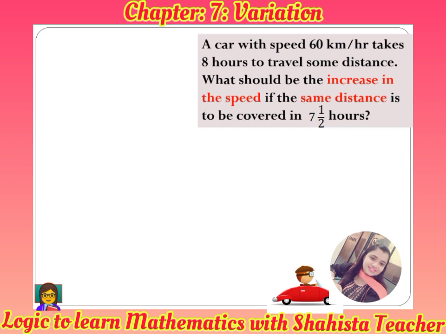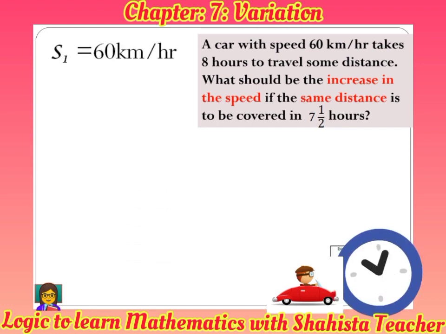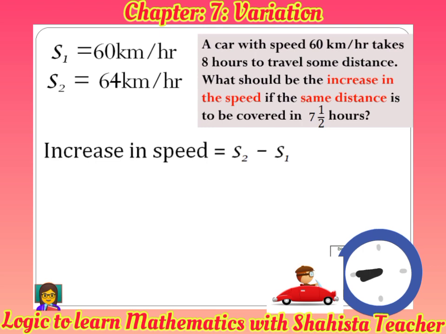What should be the increase in the speed? So here S1 is equal to 60 kilometer per hour. S2 is equal to 64 kilometer per hour. Now increase in speed is equal to S2 minus S1, 64 minus 60. Simply we have to do subtraction.